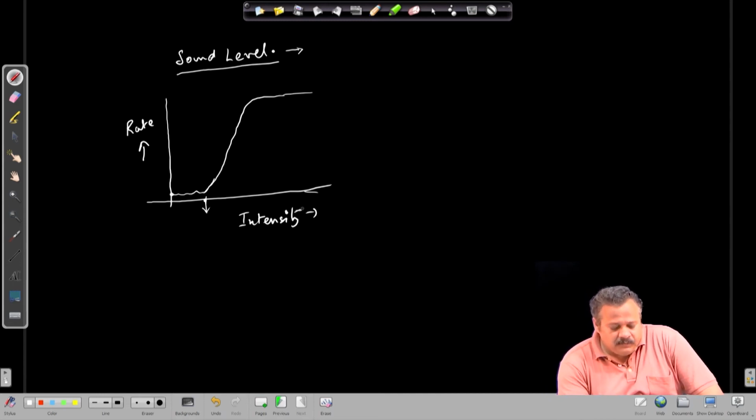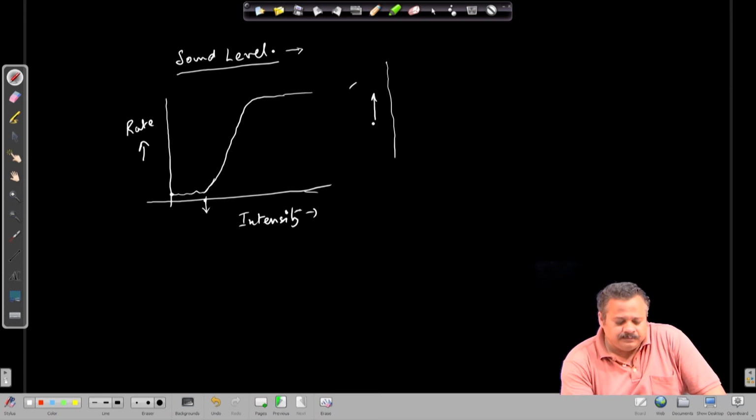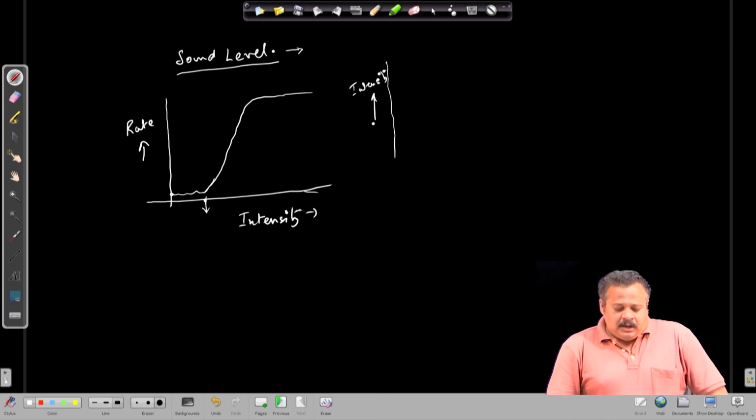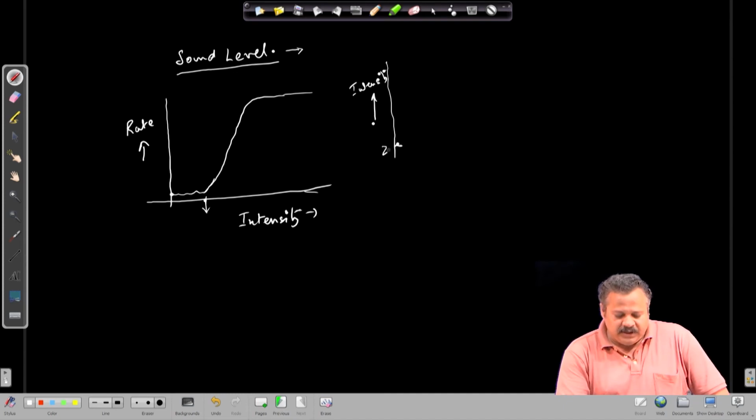So, now if we play a stimulus, let us say this axis is intensity, and this is low intensity, let us say 20 dB SPL, and let us say this is 90 dB SPL.